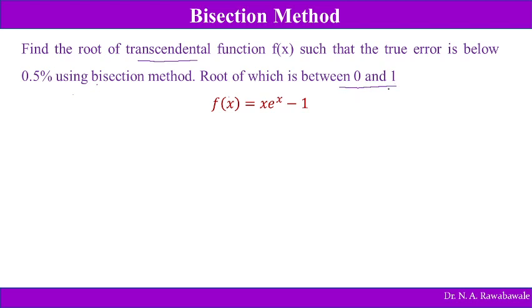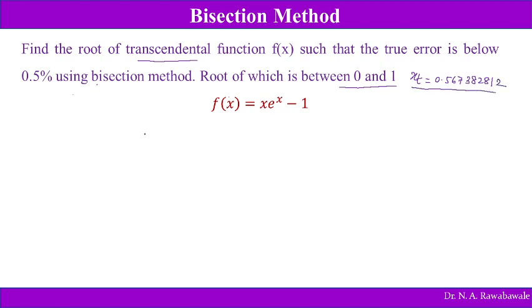So xl and xu are already given, and the true value, x true, is also given here: xt is 0.56738281.